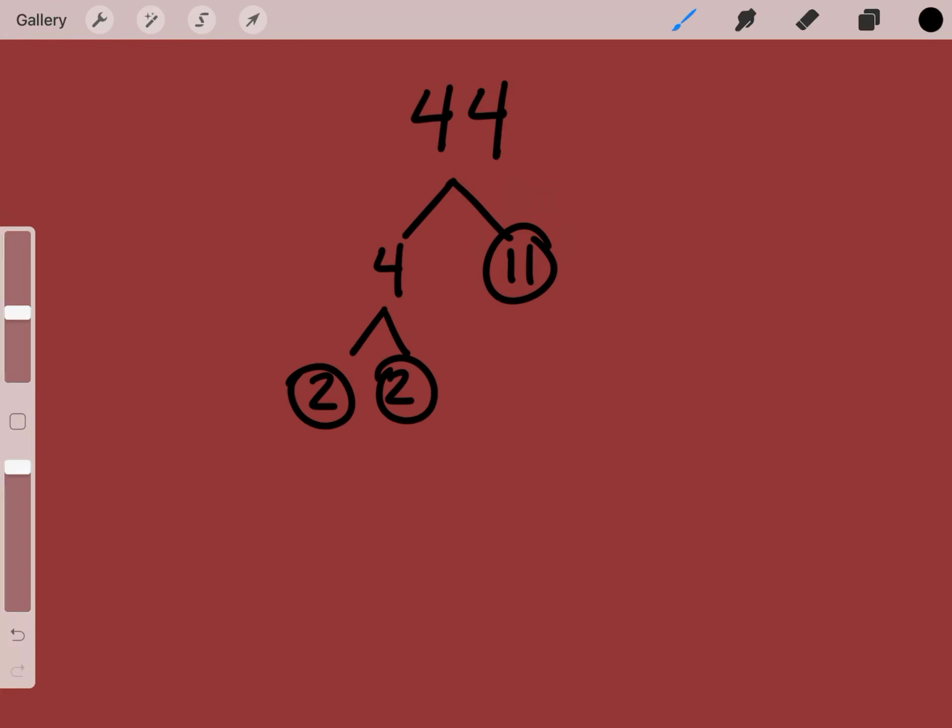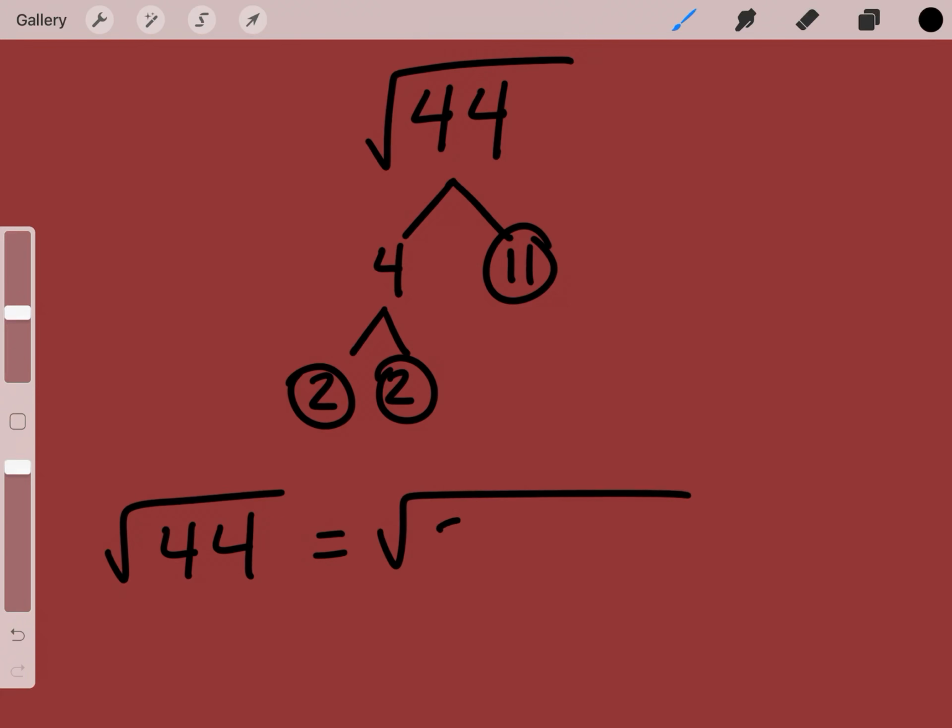Each of those are prime. Oh, sorry, I should have said we were breaking down the square root of 44. That's my bad. So now I have the square root of 44 equals the square root of 2 times 2 times 11. 2 and 2 can leave the radical as 1, and the 11 has to stay inside the radical still. So 2 radical 11 is your answer.